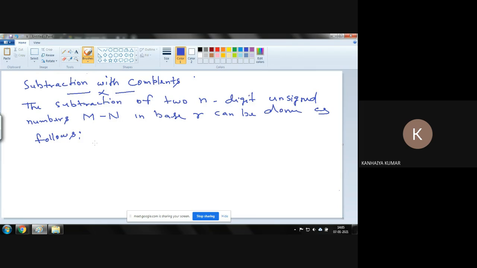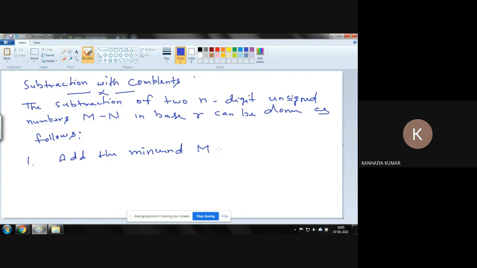Earlier, what we did was different. So, add the minuend m. Left part of the minus operation is called minuend, and right part of the minus operation is called subtrahend.